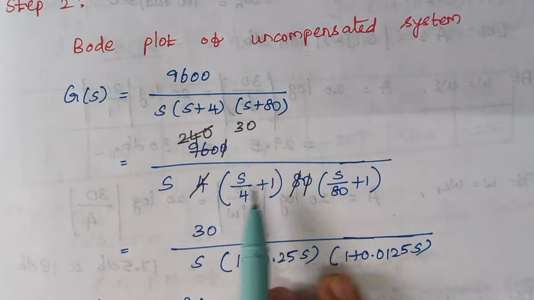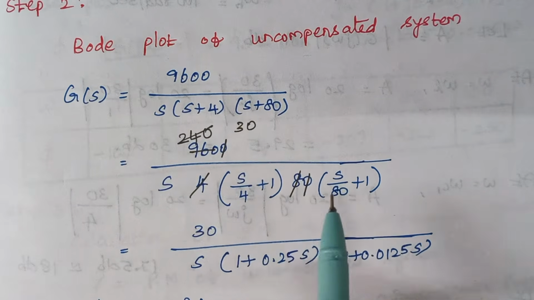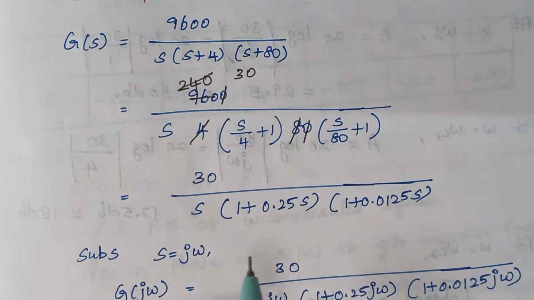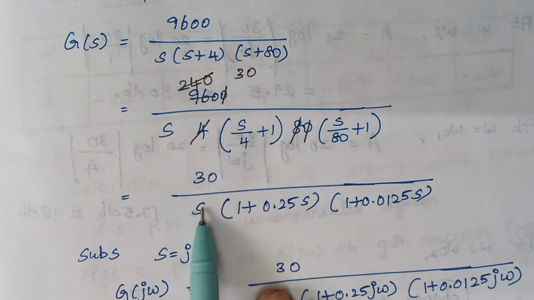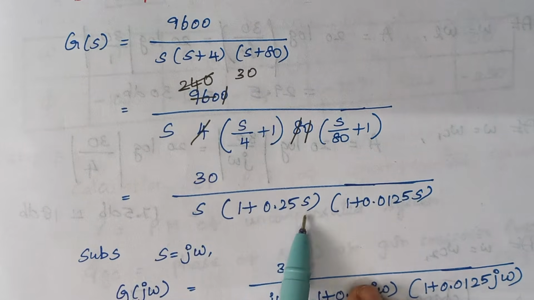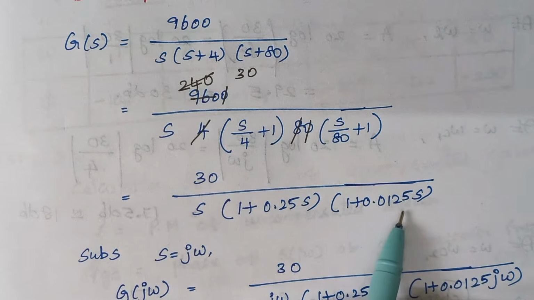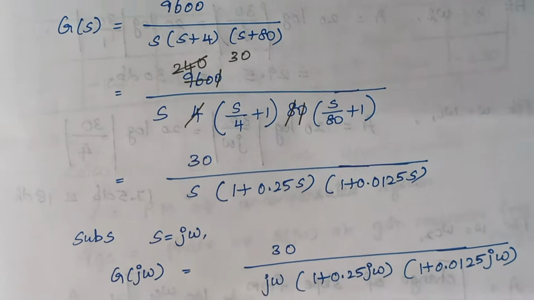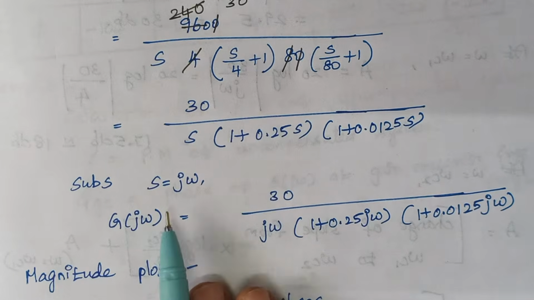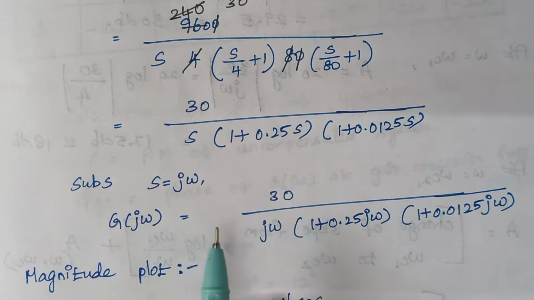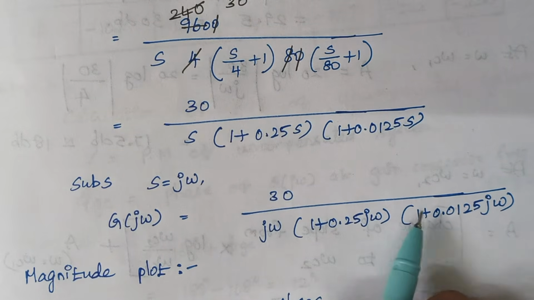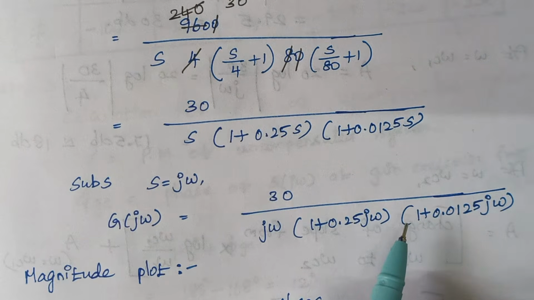So when you take the numbers outside and when you cancel, finally our transfer function is like this: 30 by s into (1 plus 0.25 s) into (1 plus 0.0125 s), right? Then the next step is substitute s equal to j omega. When you substitute j omega, this is our expression. So now we are going to find the magnitude plot and phase plot, right?